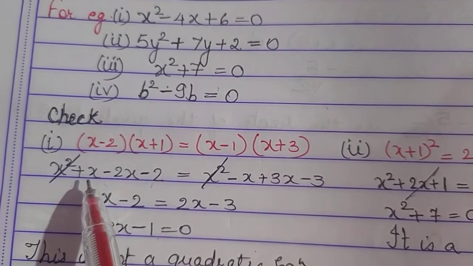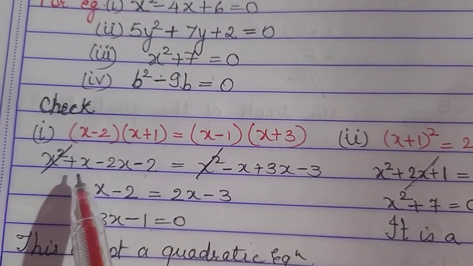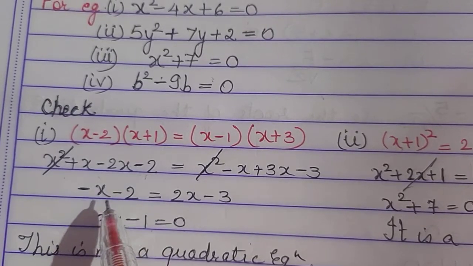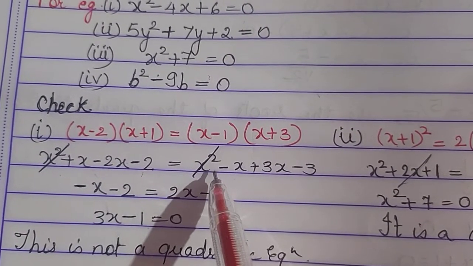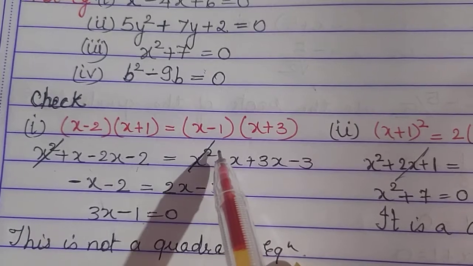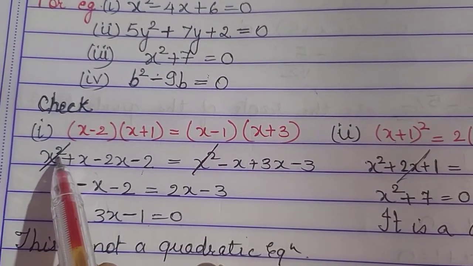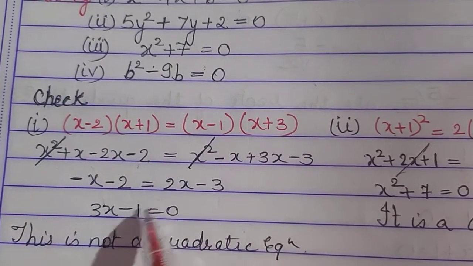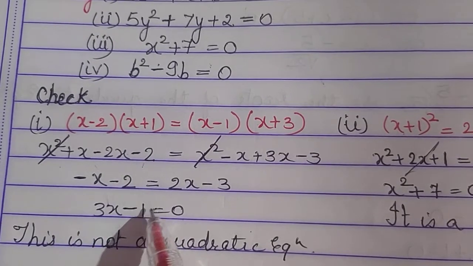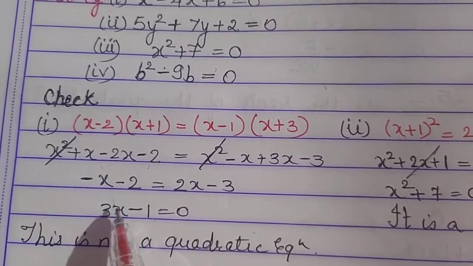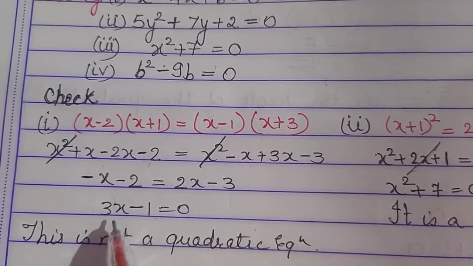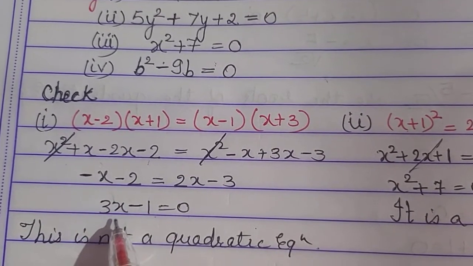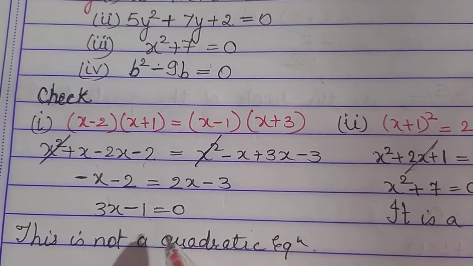In this way we can open the brackets and find the multiplication of the two brackets, and on the right hand side also open the bracket. Here we can cancel the x² term from both sides and simplify the equation. We get 3x − 1 = 0. Here the degree of this equation is 1. It is not equal to 2, hence it is not a quadratic equation.